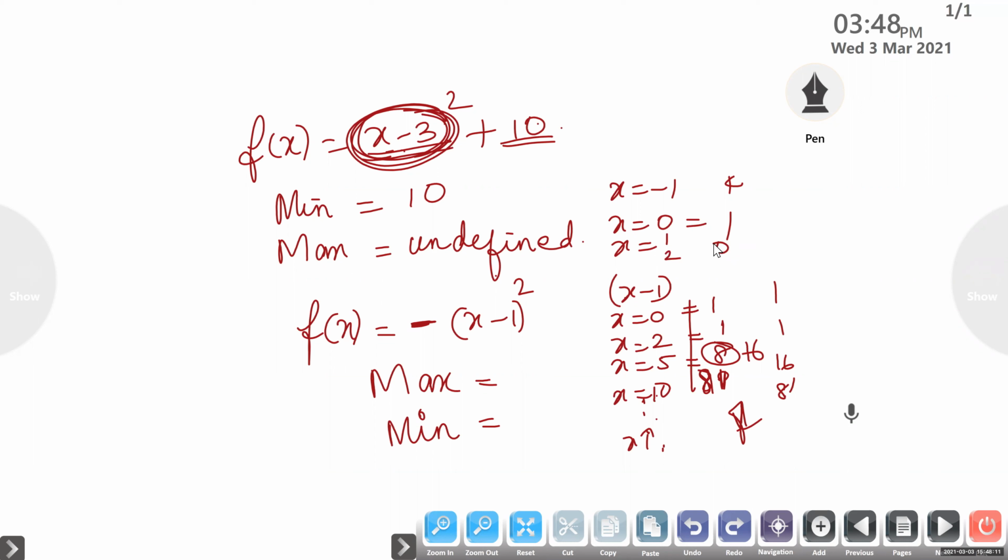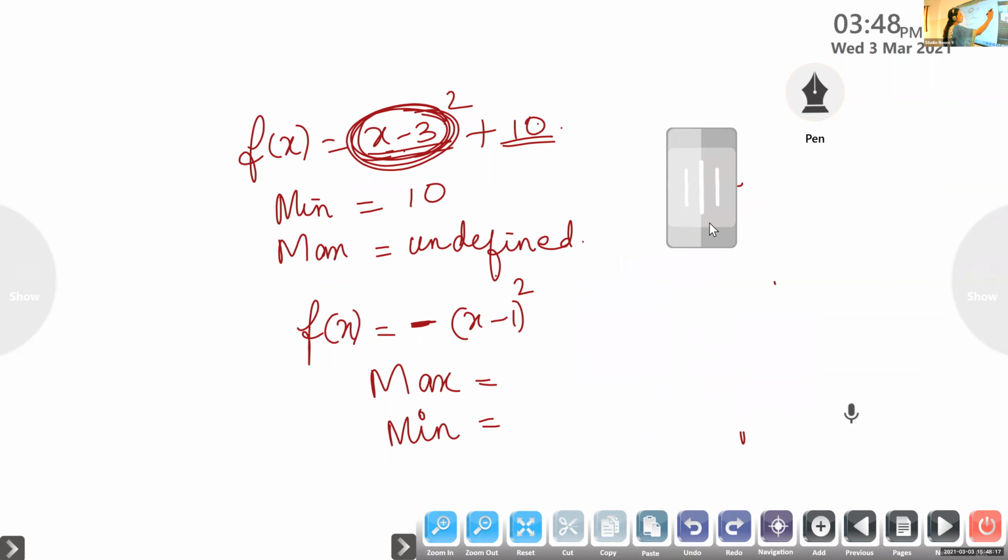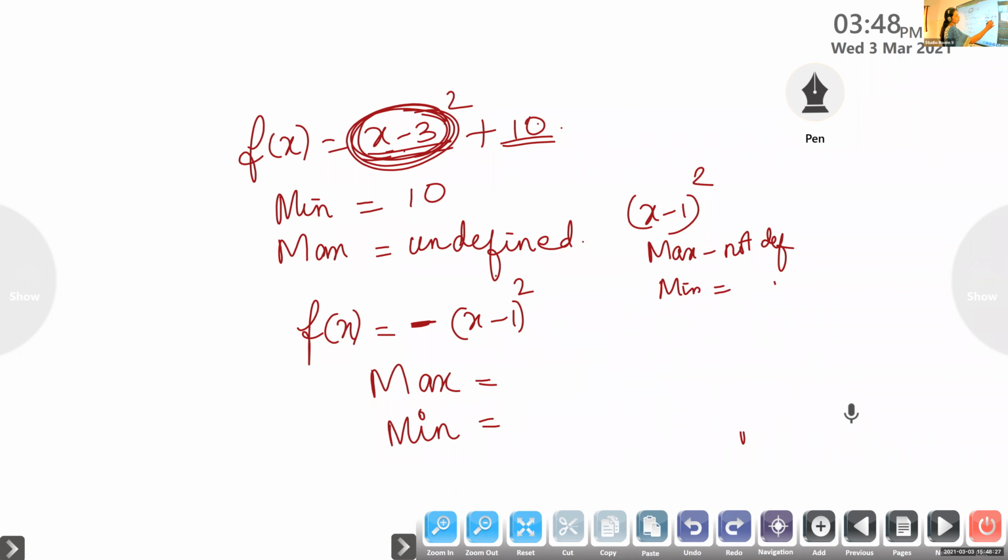Ma'am, is it 0? It is 0. So if you consider the function (x - 1)^2, its maximum is not defined and its minimum value is 0. But look at this function here. We have one minus in the front. So what happens?